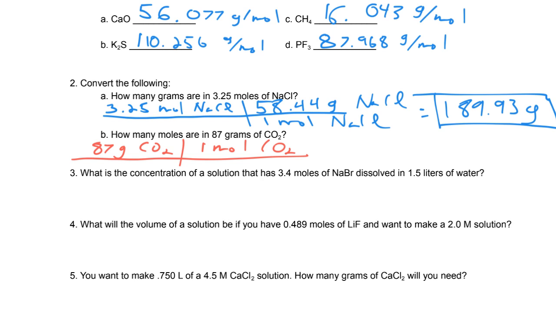Now I add up 1 carbon plus 2 oxygens. 44.009 grams of CO2. So what I actually end up doing is doing 87 divided by 44.009. To get that in 87 grams of CO2, I would have 1.98 moles of CO2.